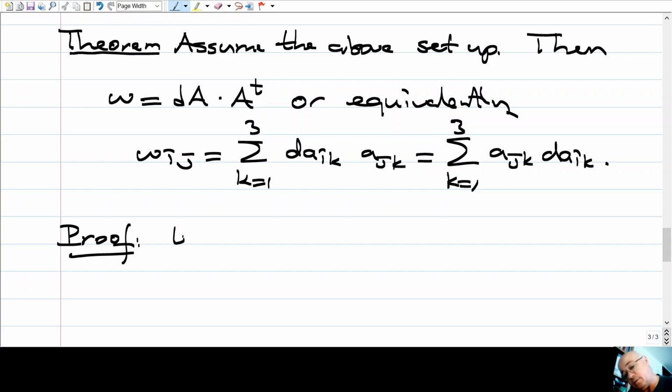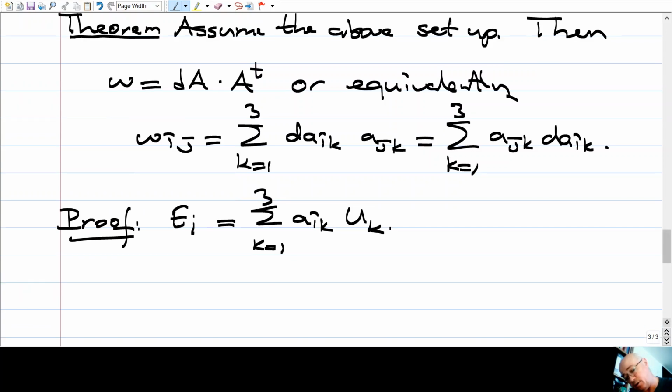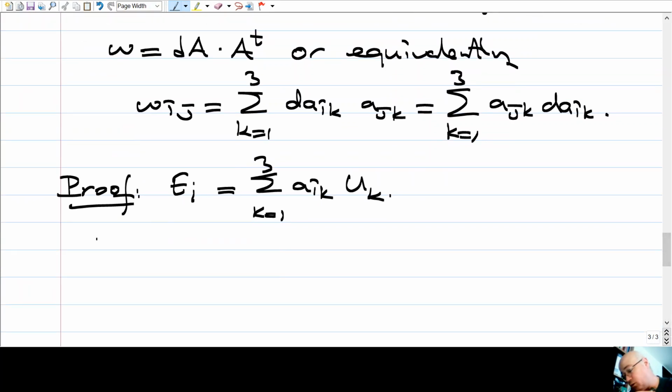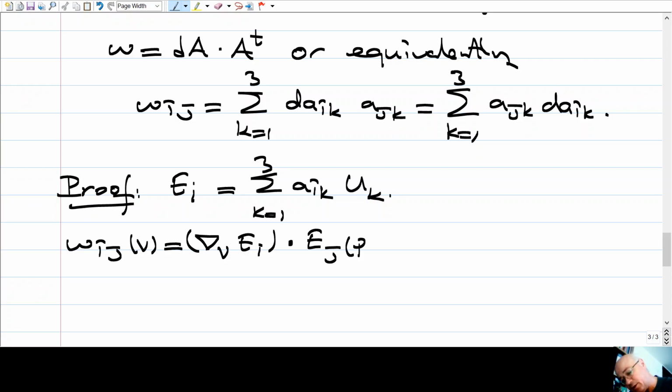Well, we have this definition, right? This is the equation which defines the constants aik, k from 1 to 3. Now let's compute Wij at any vector v. By definition, this is just the covariant derivative of Ei dot product Ej at p.